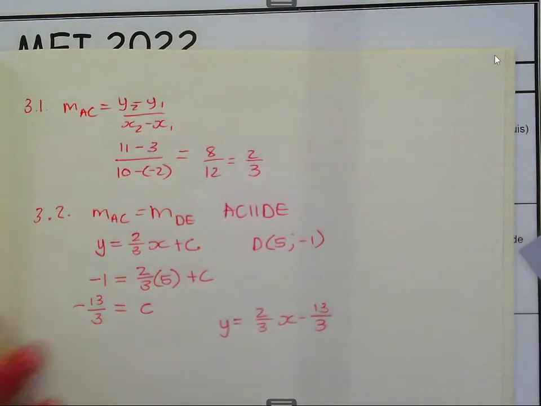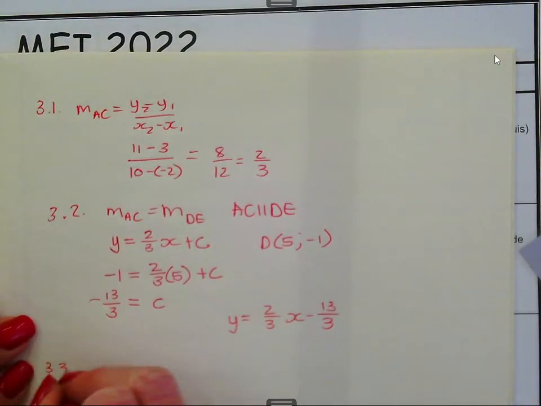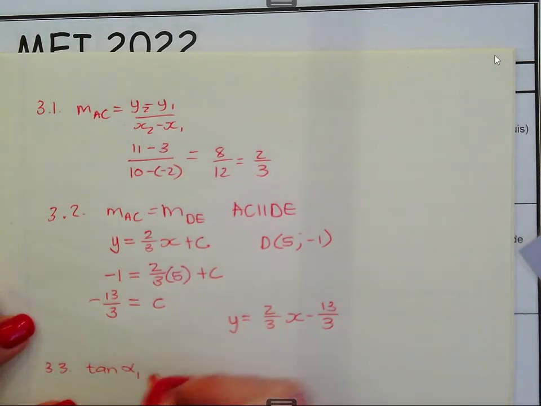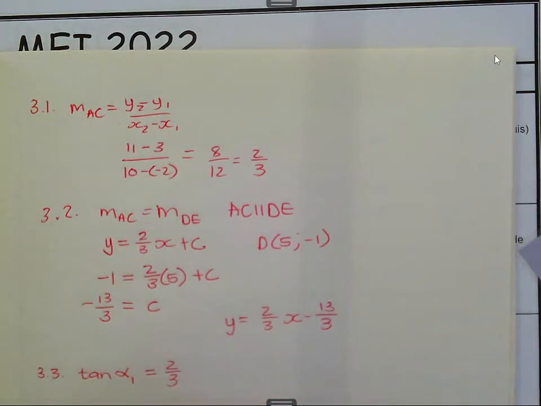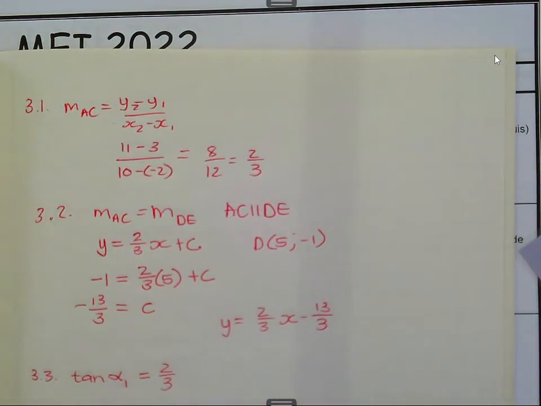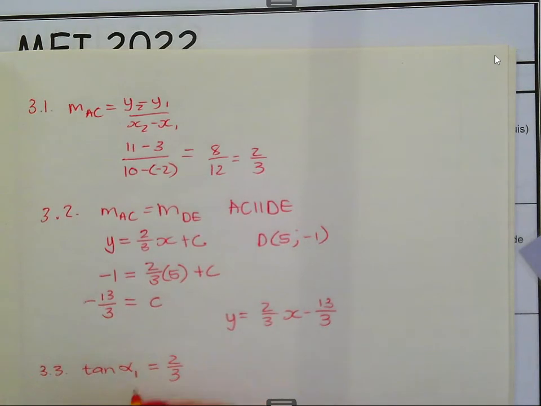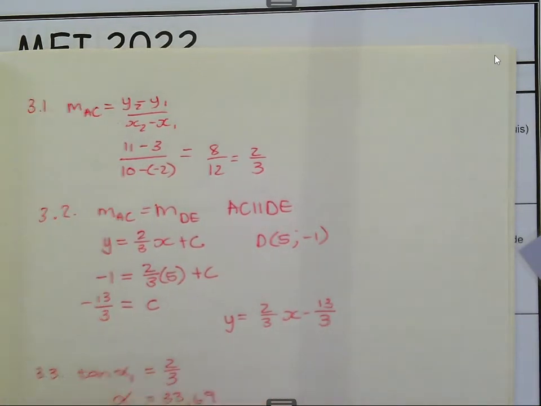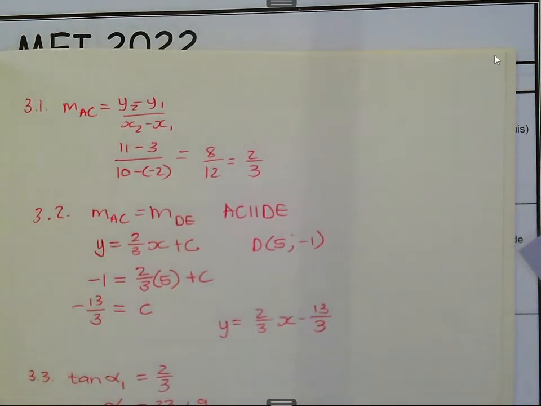So I know that at 3.3, the tan of alpha 1, I broke it into two pieces, né? Is going to be equal to 2 over 3, because that's the gradient of AC. And then you type shift tan 2 over 3, and you get an answer of 33,69. Do you all agree with that?